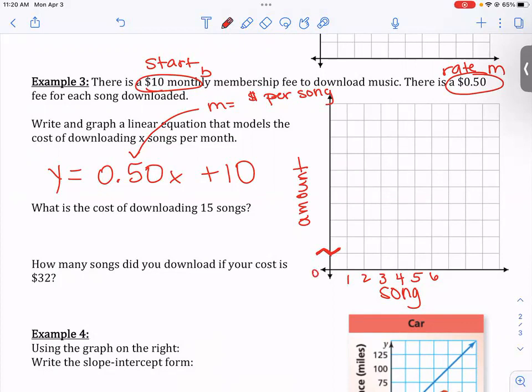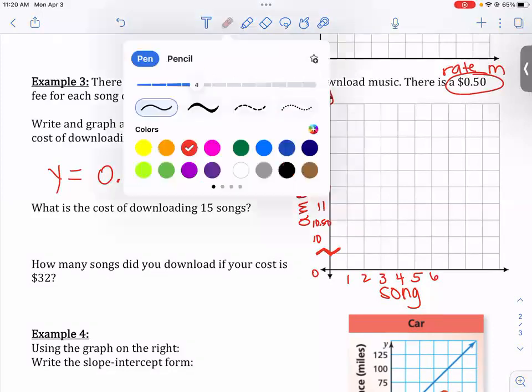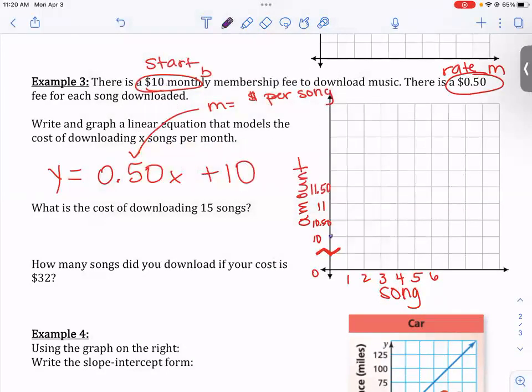And then I'm gonna start at 10, and then 10.50, and then 11, and then 11.50. Why did I do 10? My y-intercept is 10, so I thought that'd be a good place to start. When Bronson's back.